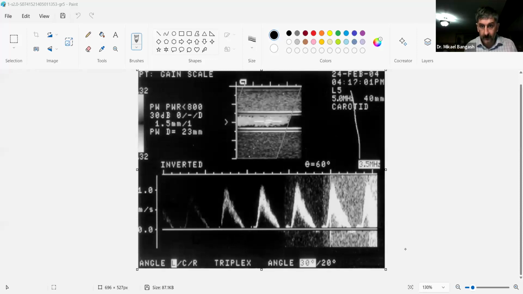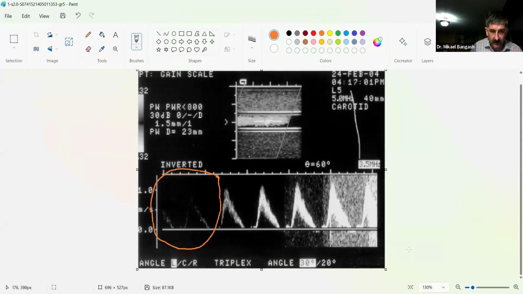Okay, good. That's the right picture. So what do we see here, guys? Can you see this picture? Yep. Good. Now let's just mark it with different colors. Now what do you see here? You can hardly see the gain.